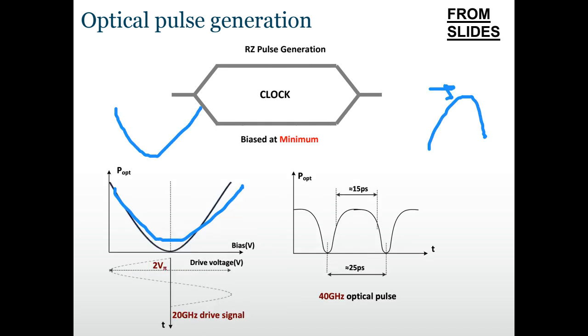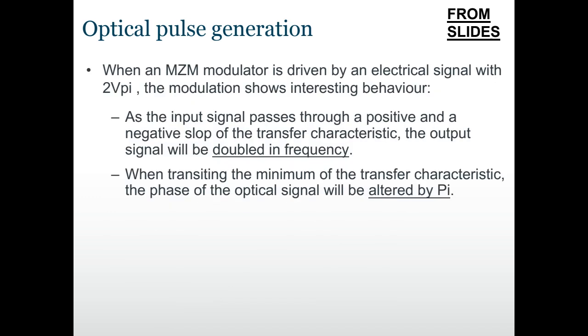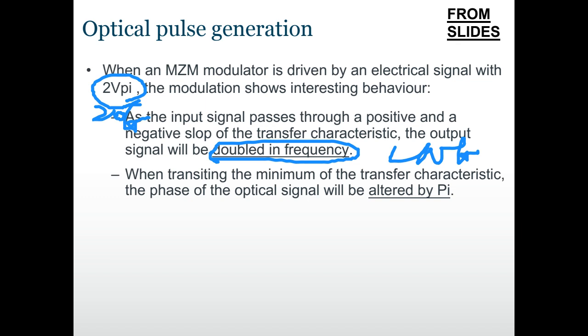So the summary on this clock MZM is that when we drive the electrical signal with two-way pi, then we have doubled frequency, doubled spectrum. So we use 20 gigahertz to drive the electrical signal, and then we get 40 gigahertz optical bandwidth. The difference between the two transfer functions is that they are shifted by pi, so they are equivalent.